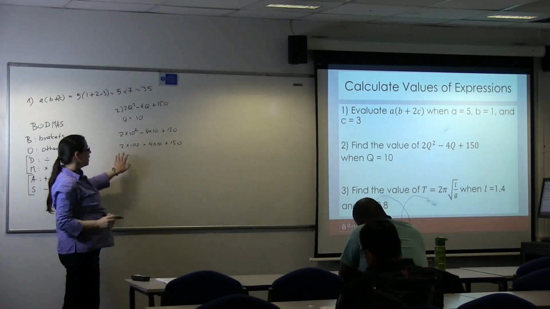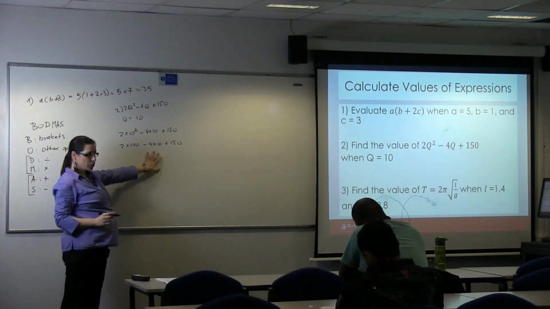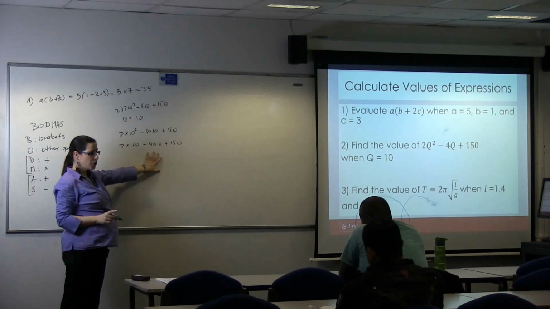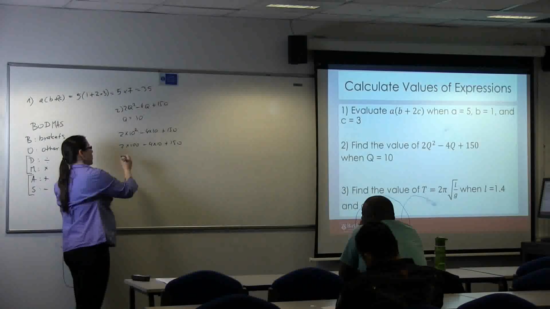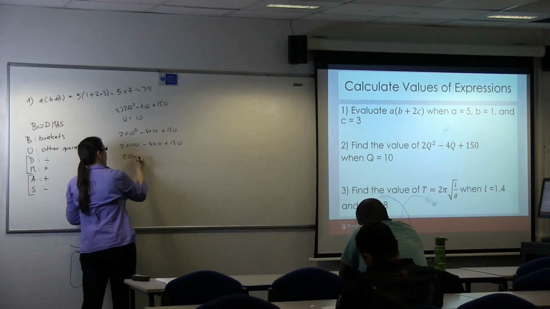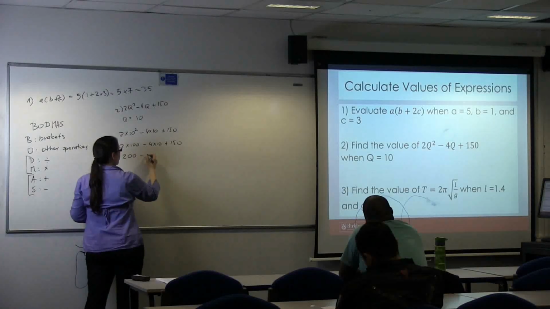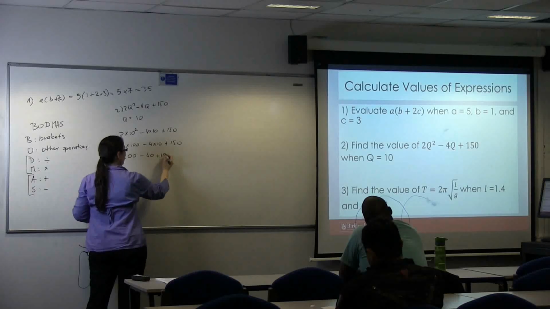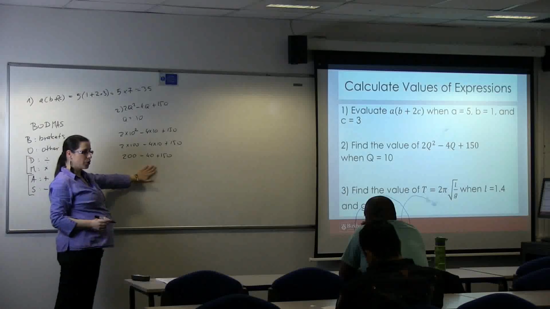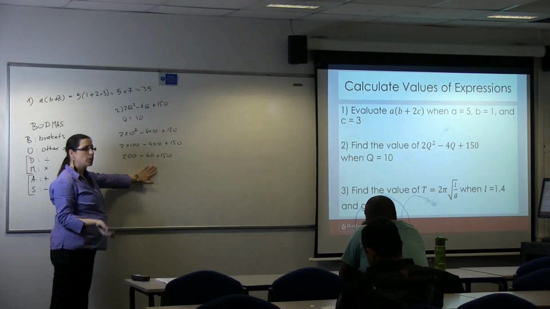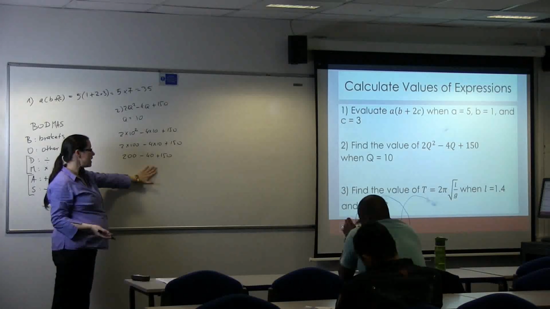Now I have got only multiplication, addition and subtraction. Out of those, the multiplications are the higher order operations. So I have to do 2 times 100, 200, minus 4 times 10 is 40. And now I only got additions and subtractions, so I can do them in whichever order it pleases me, whatever is easier.